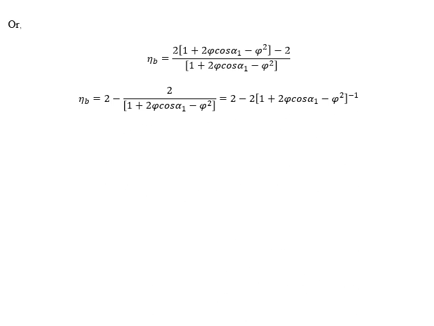After simplification, it is 2 minus 2 by (1 plus 2 phi cos alpha 1 minus phi squared), that is 2 minus 2 into (1 plus 2 phi cos alpha 1 minus phi squared) to the power of minus 1. That means the denominator is taken into the numerator, so its power is minus 1.